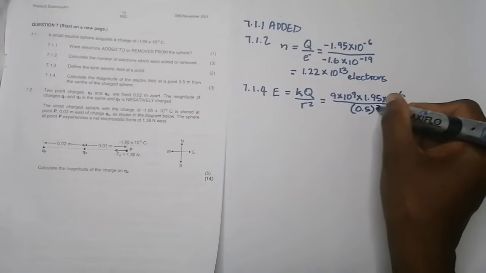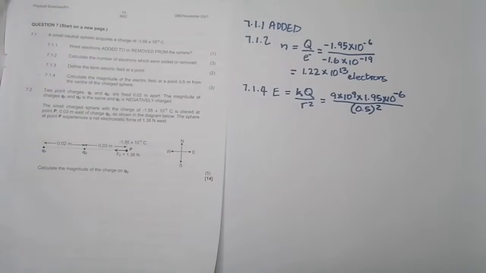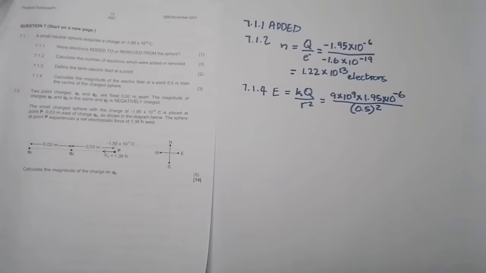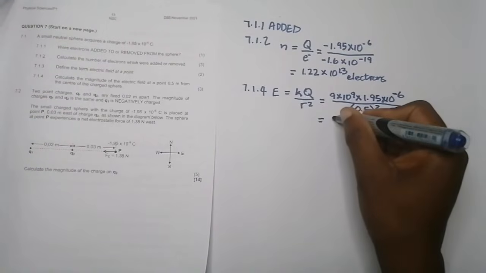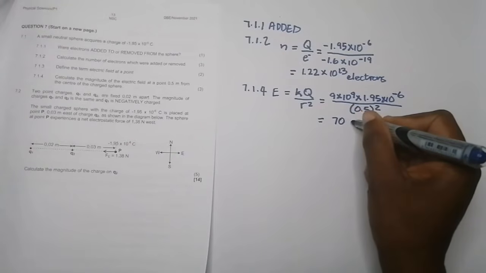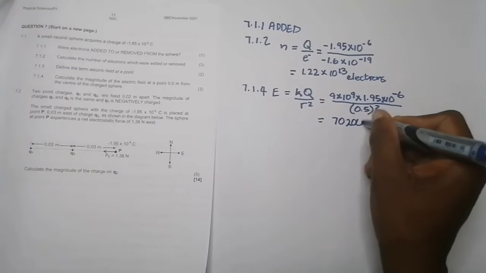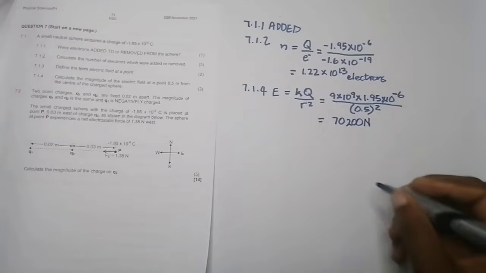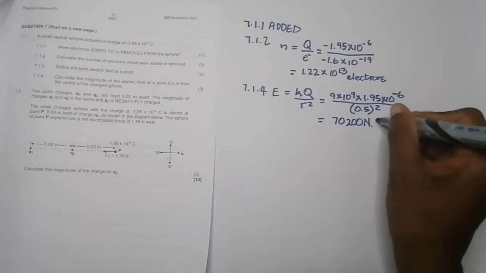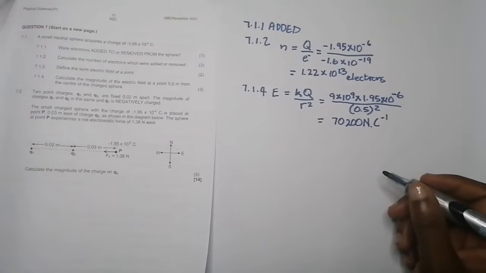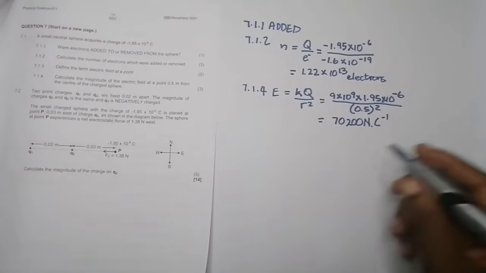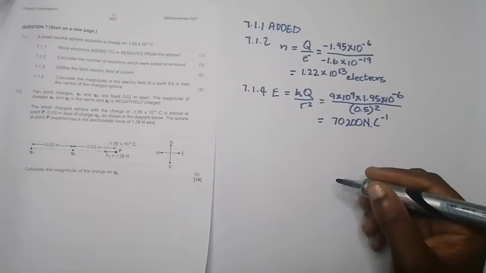But remember to square that distance. Let's get the answer there, and I get an answer of 70,200 newtons per coulomb, by the way. If you wanted to specify direction, it would depend on where, but they just said magnitude, so we're just going to leave it like that.